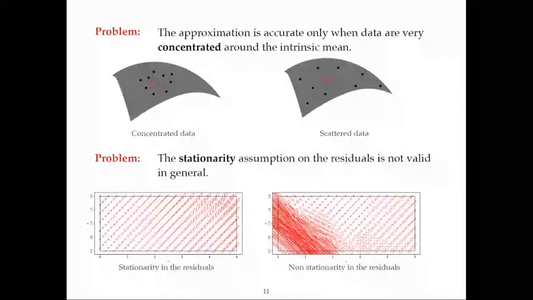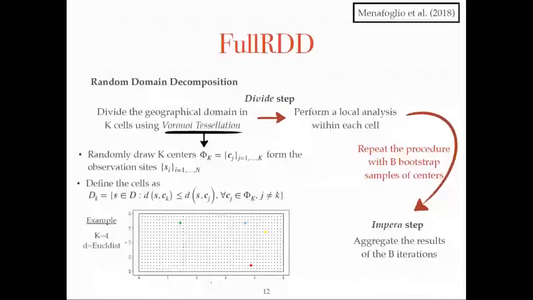So the second method aims at solving this problem by dividing the geographical domain into k smaller subregions through Voronoi tessellation, and applying in each one of these the global model described a few minutes ago. This algorithm, based on a divide et impera strategy, is called random domain decomposition, RDD, and requires us to assume only local stationarity.